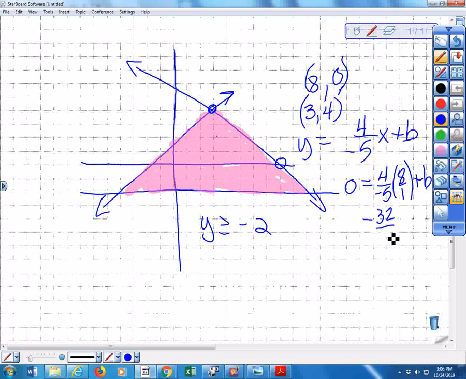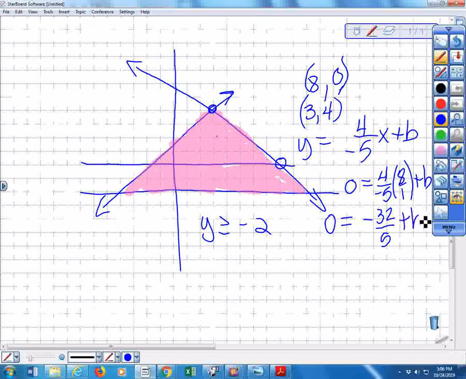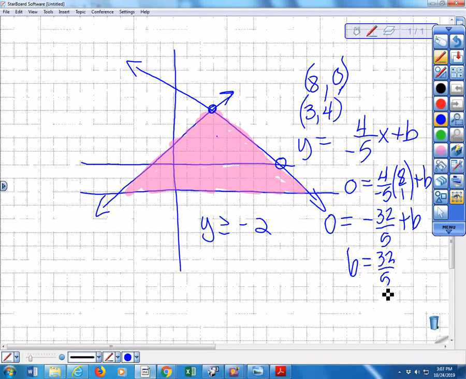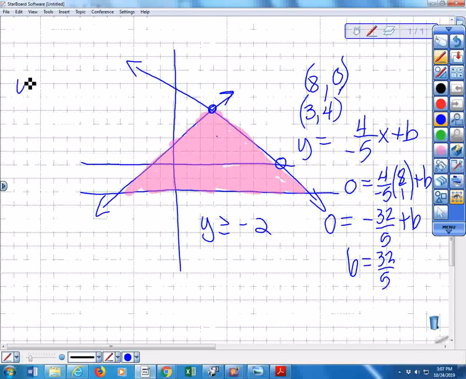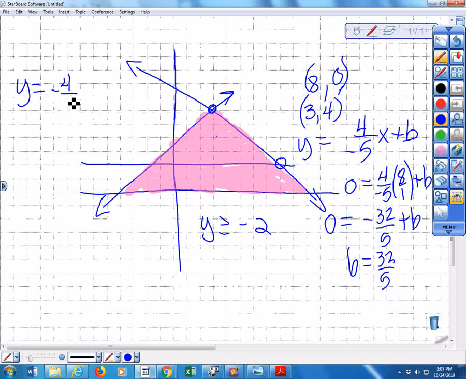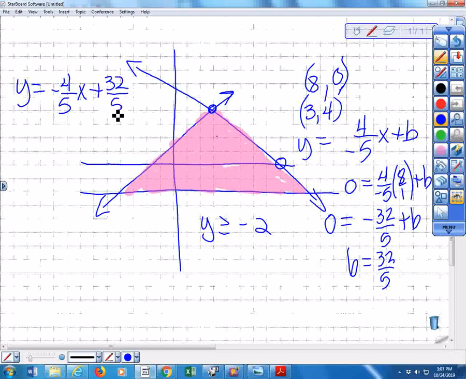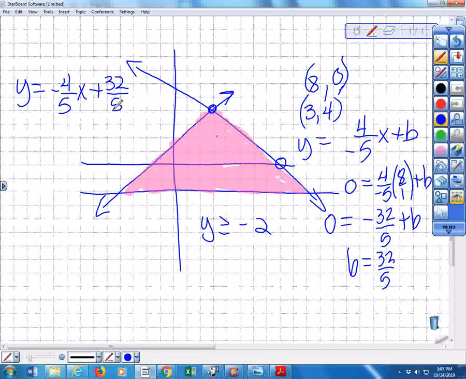Of course, I picked a really tough one. So B is 32/5. So I have y equals negative 4/5 x plus 32/5. With me so far? This is just finding the equation of a line.